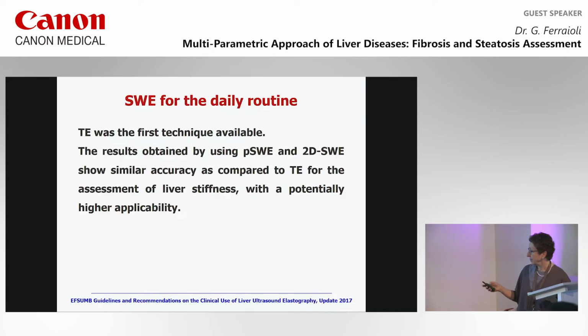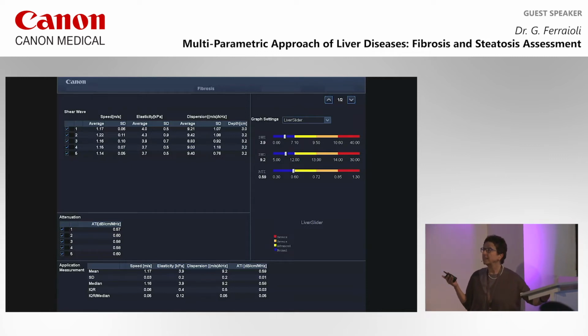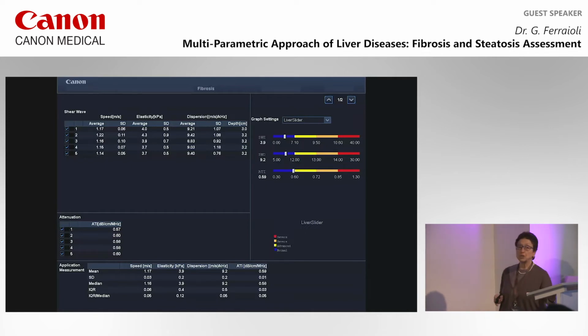And here you can see also a visual assessment of both the shear wave, the dispersion, and the attenuation imaging. For the attenuation imaging, we don't have the cutoffs yet, but we have concluded a study a few weeks ago. The data are being analyzed.